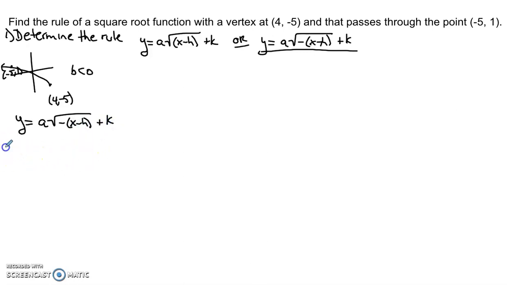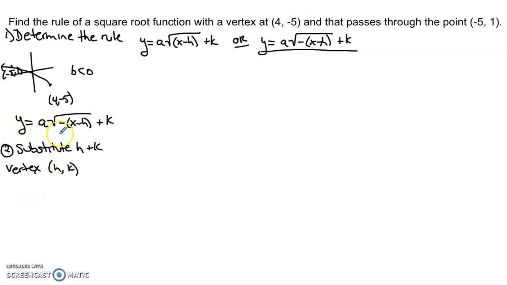Our second step is to substitute in h and k. Remember that a vertex, and you'll remember this from working with quadratics, the point is (h, k). So we know h and k because we're given the vertex.